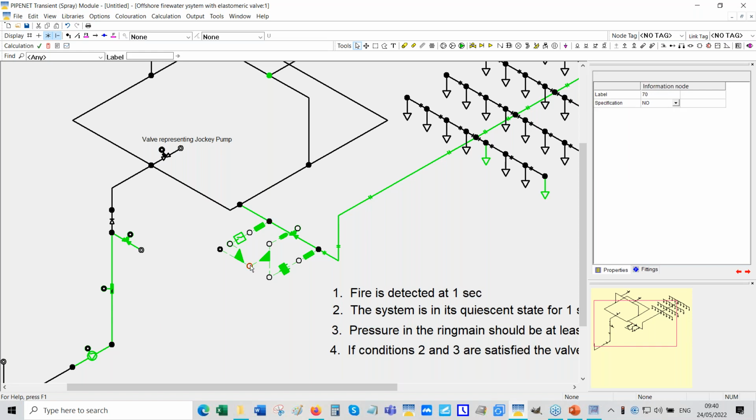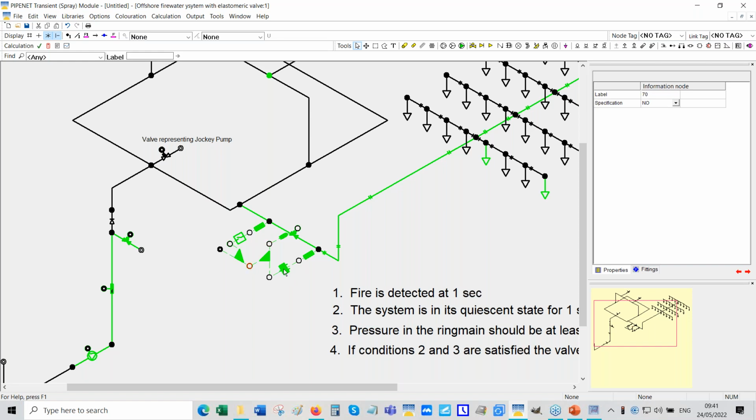So it can be either 0 or 1. What does this signal selector do? It chooses the lesser of the 2 values. So when this is 0, that value would be 0 because it'll choose the smaller of these 2. So if the time is more than 1 second and the pressure here is 2 bar or more, the value would be 1 here.